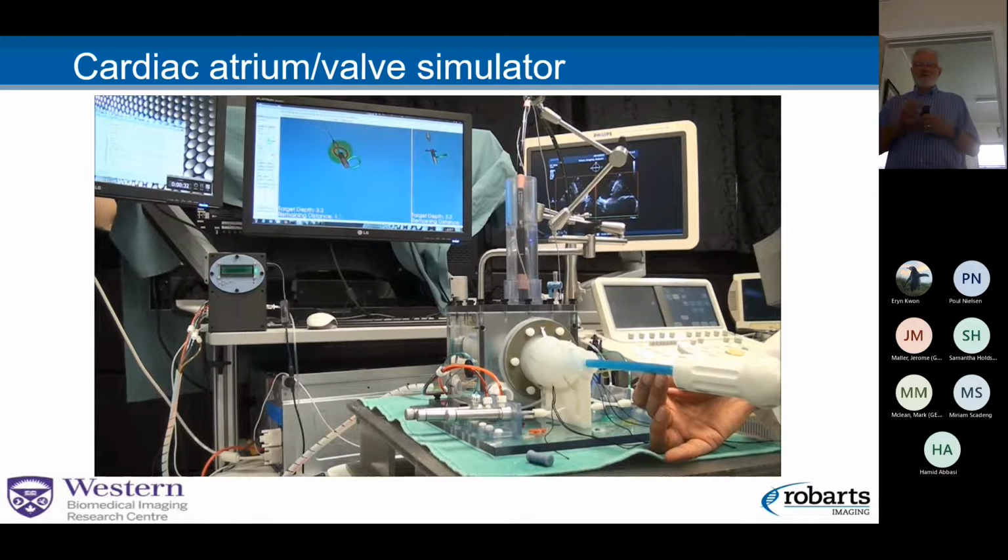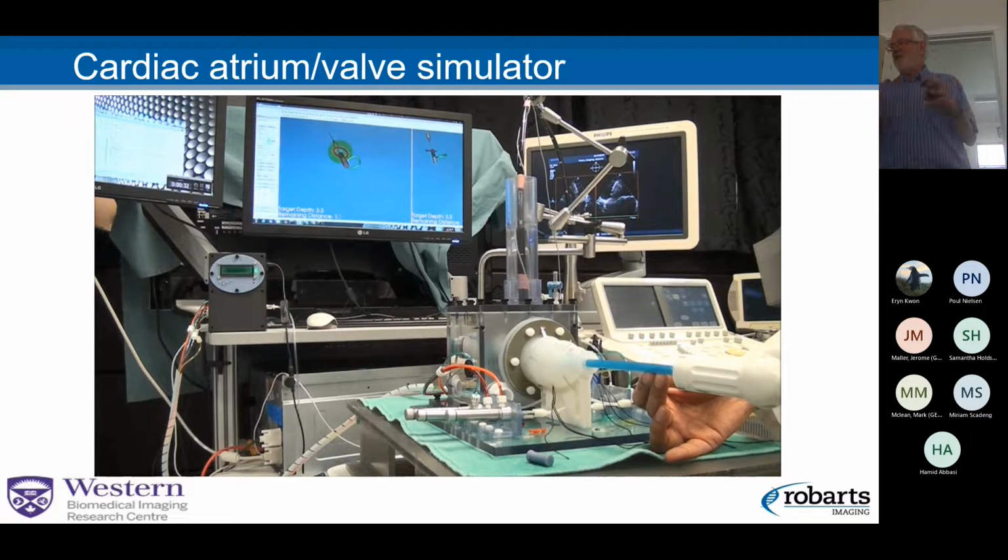And the reason for doing this is that if a surgeon wants to practice a number of different scenarios for a particular pathology on a particular patient, he or she can take the images from the patient prior to surgery, convert them into a very realistic model, put them into this simulator to see what the behavior of that diseased heart valve is going to look like, and then perform a procedure that will correct it.